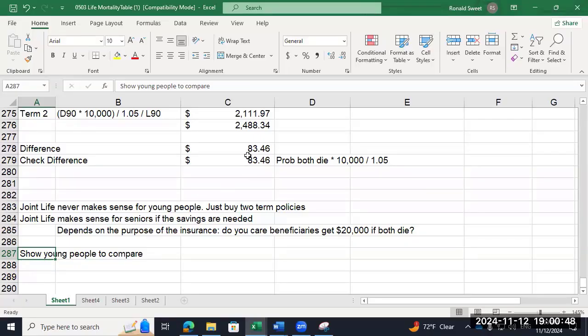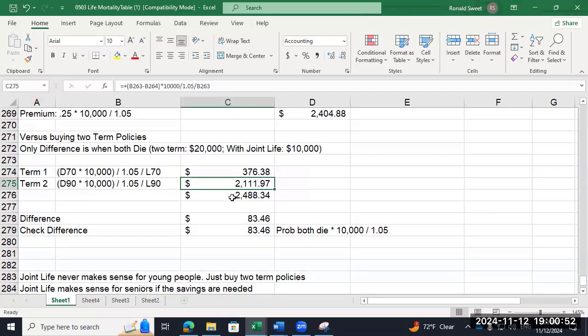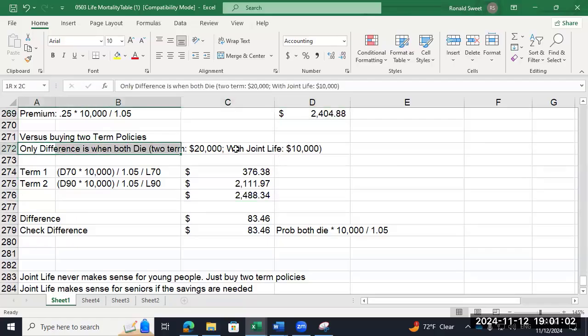The key is I do want you to calculate this difference. If you make a math error like I did, that's fine, but the key is what the two term policies cost. They're going to be more expensive than the joint, all because of that one difference. There's one scenario where the two term policy will pay twice as much as the joint, and that's the only difference in the premiums.